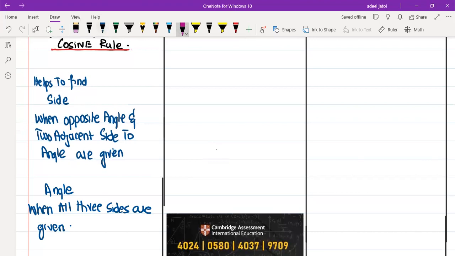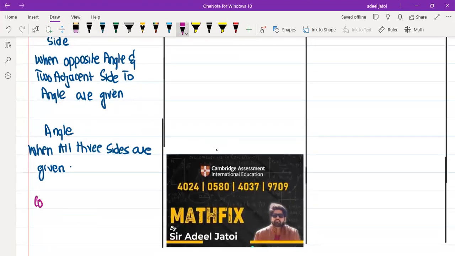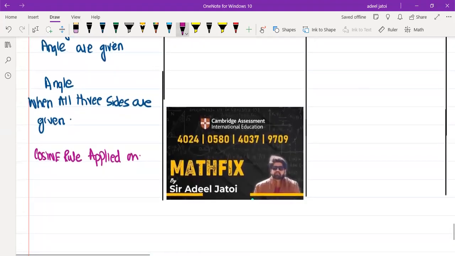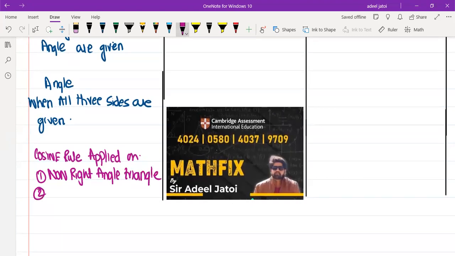Now, normally cosine rule is applied on non-right angle triangle. But it can also be applied on right angle triangle. But when the values are already given in right angle triangle, we can always apply trigonometric ratios.